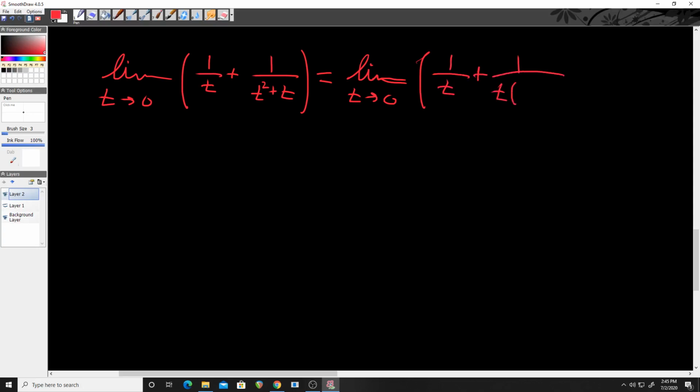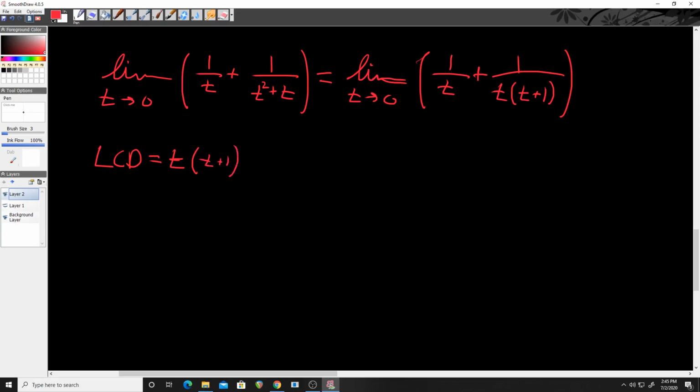I can factor a t, leaving t plus 1. Now I have a common factor. So my least common denominator will be easier to do math with. So now our LCD is just going to be t, since they both contain a t, but then one factor is missing, the t plus 1.